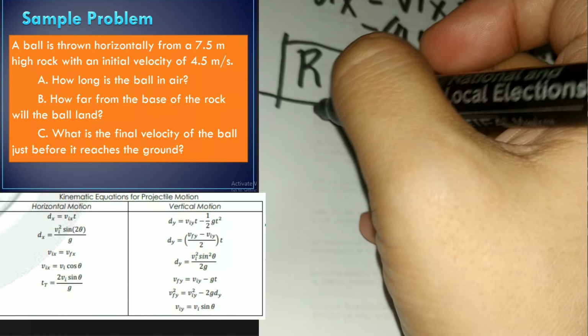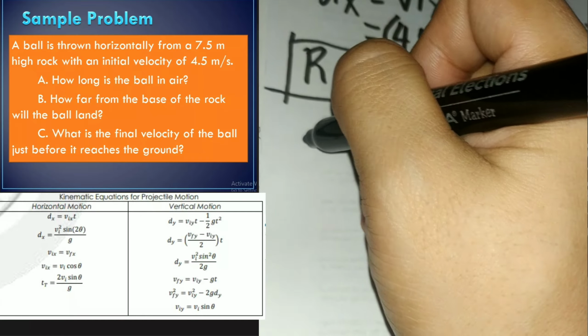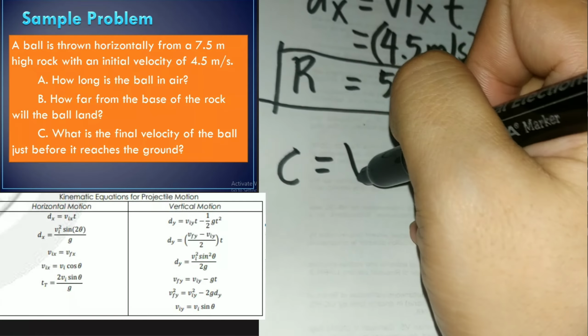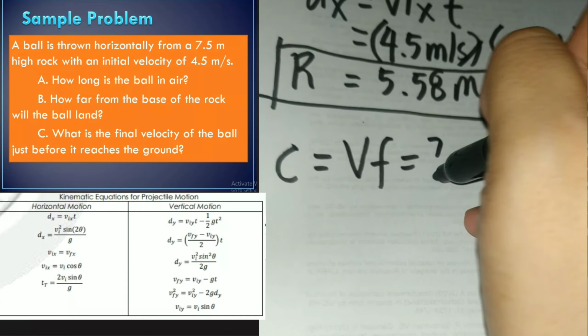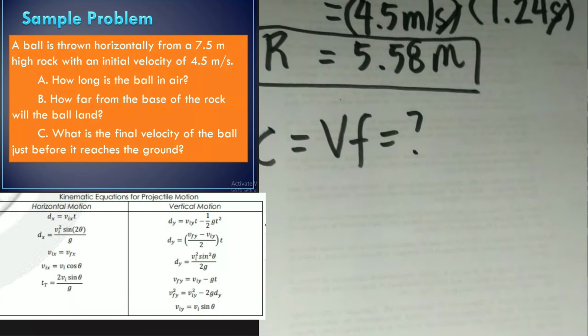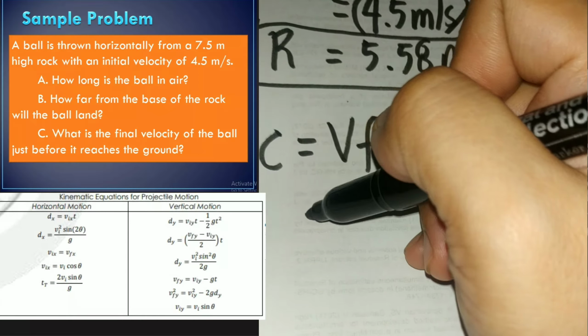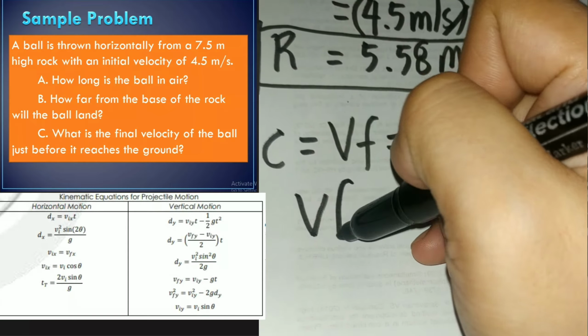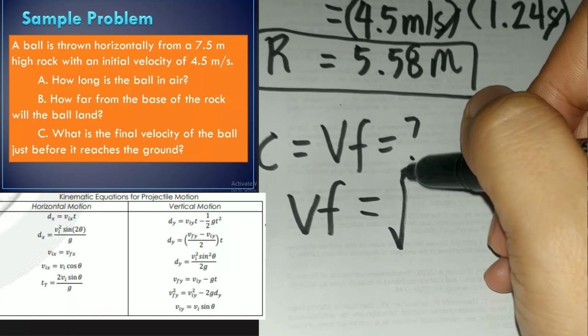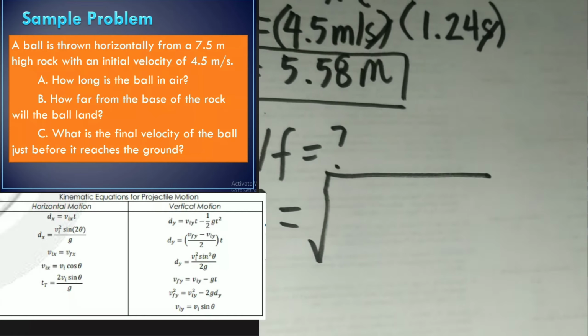Next, let us calculate letter C. It was asking for the final velocity. And to find the final velocity, we need to use the Pythagorean theorem. Why?